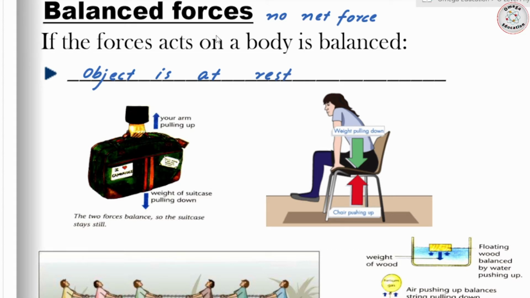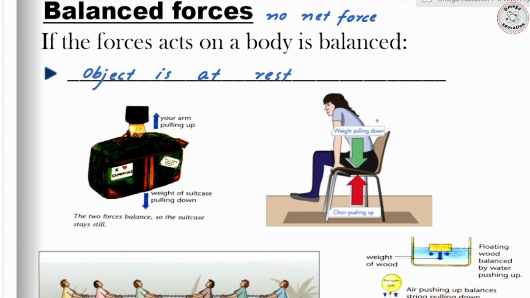Now, what are the examples of that case? For example, this person sitting on the chair. The person is applying the force downward on the chair in the form of the weight of the body. As a consequence, the chair is applying the same amount of force in the opposite direction. The chair is pushing the person upward.